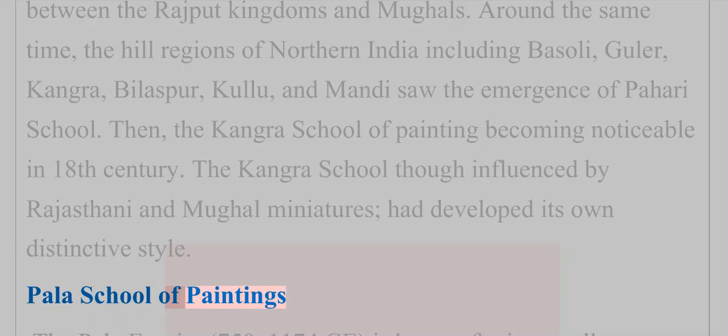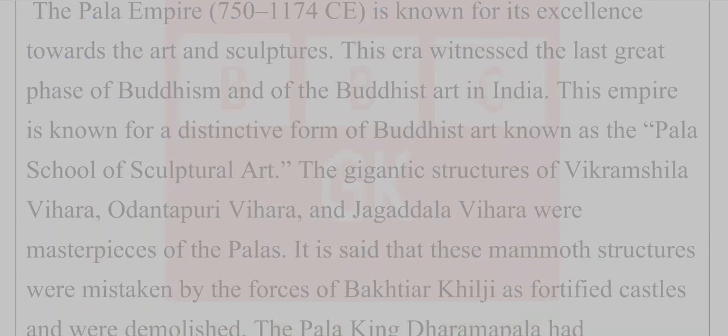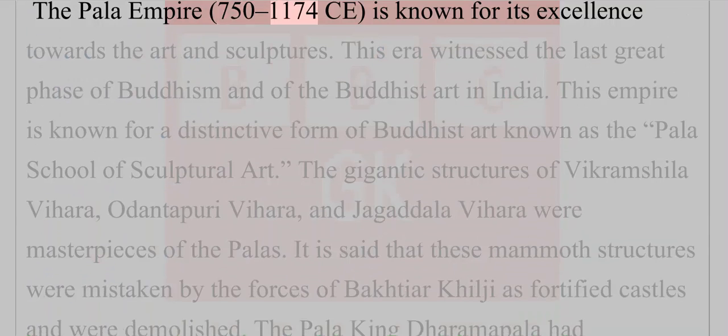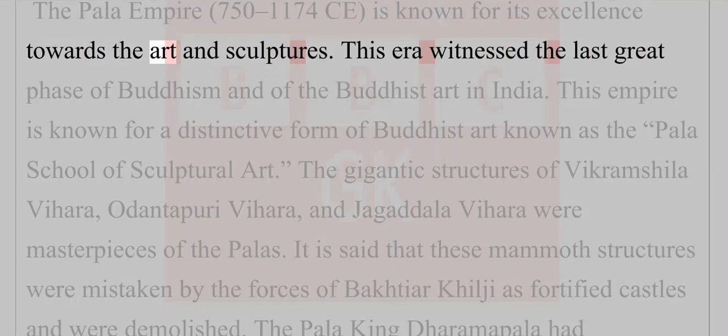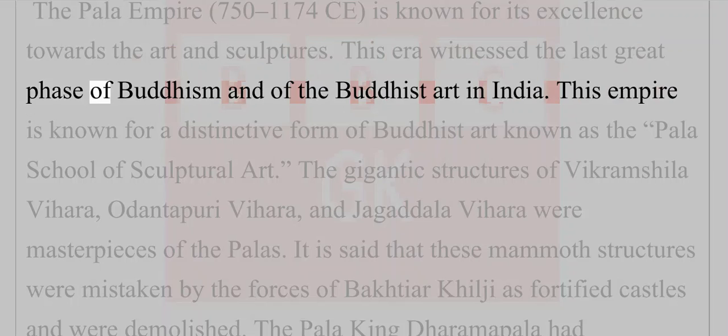Pala school of paintings. The Pala Empire, 750-1174 CE, is known for its excellence in art and sculptures. This era witnessed the last great phase of Buddhism and of Buddhist art in India.